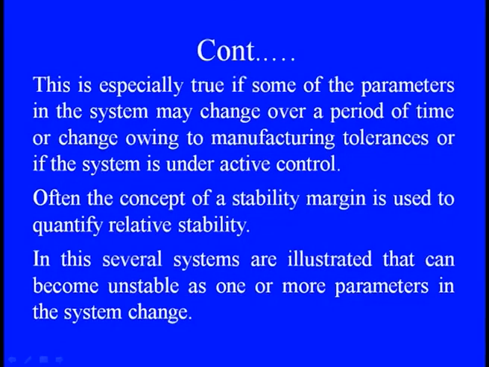When we talk about the asymptotically stable or stable feature, it is especially true when some parameters of the system may change over a period of time, or even change owing to manufacturing tolerances, if the system is under any kind of active control.